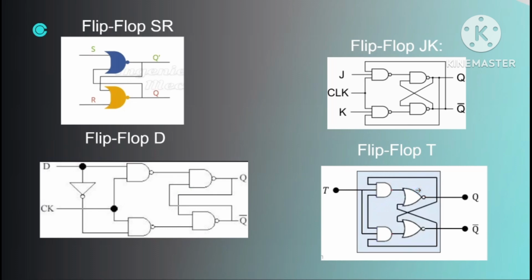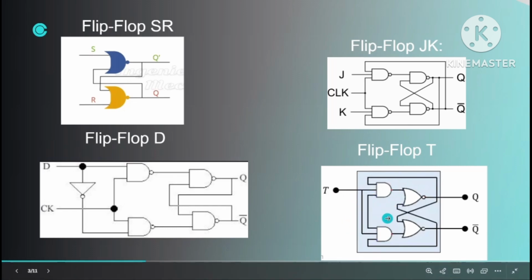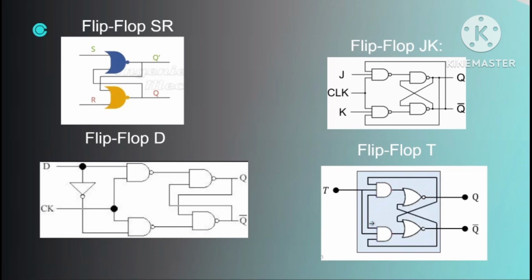Now, the flip-flop T, or toggle, is based on the JK, but with the J and K inputs united into a single one. It has two inputs, T for toggle, and clock.